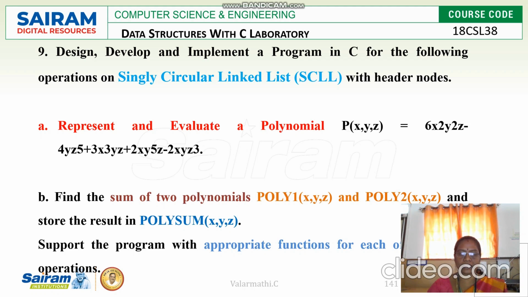We are going to add the two polynomials using a function called polysum. So there are two important tasks under the singly circular linked list: evaluation of a polynomial expression, and addition of two polynomial equations.